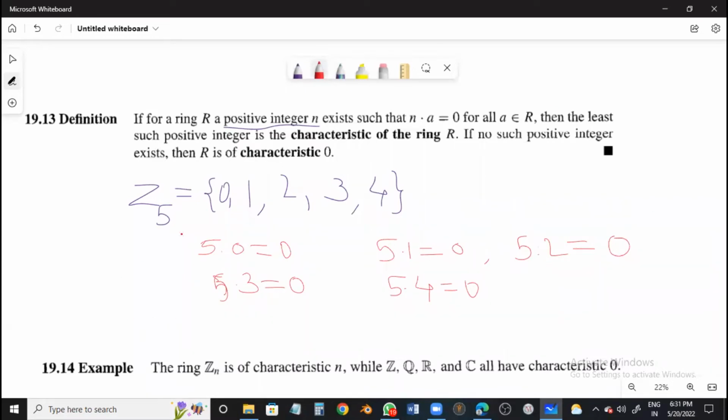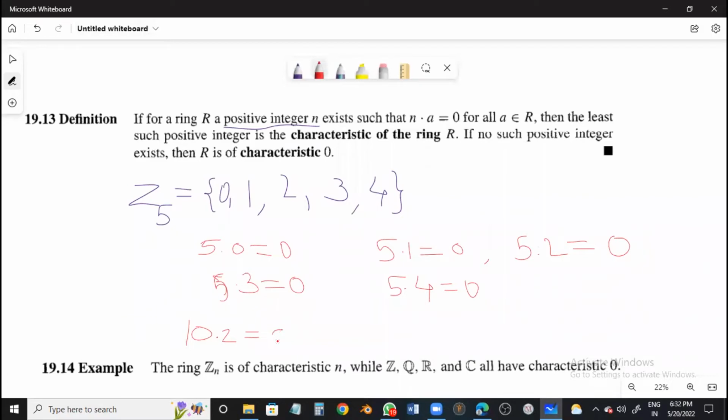Now, is this the only integer? No. If I multiply by 10, still the same kind of thing is going to happen. 10 zeros are 0, 10 ones are 10, means 0. 10 twos are how much? 0.